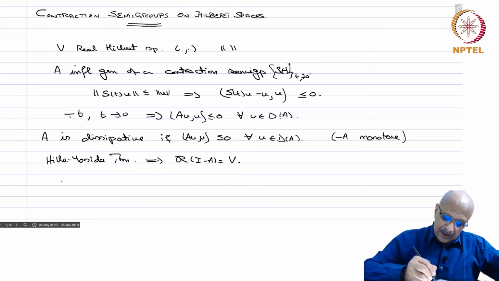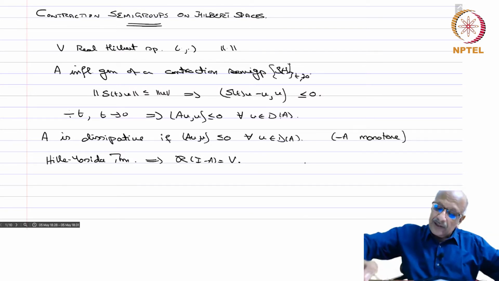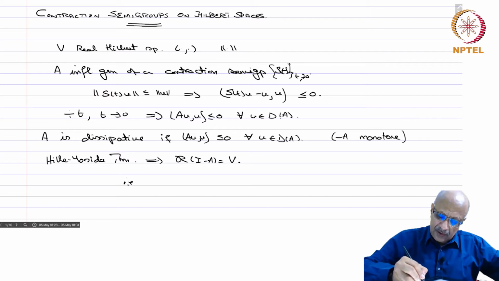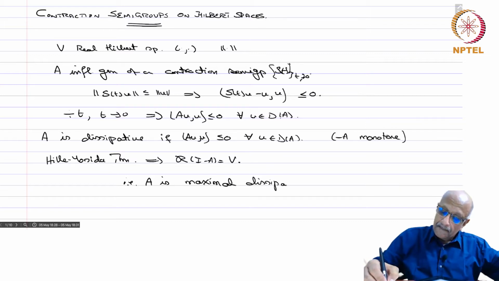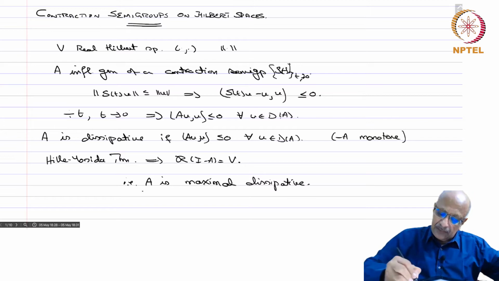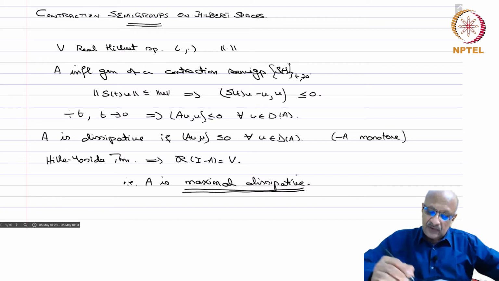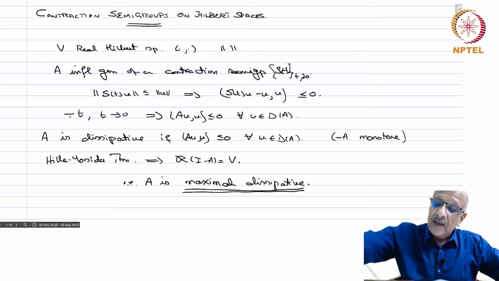So, together these two, that is A is maximal dissipative. Why is it called maximal dissipative? That means it is dissipative and the range of I minus A equals V.